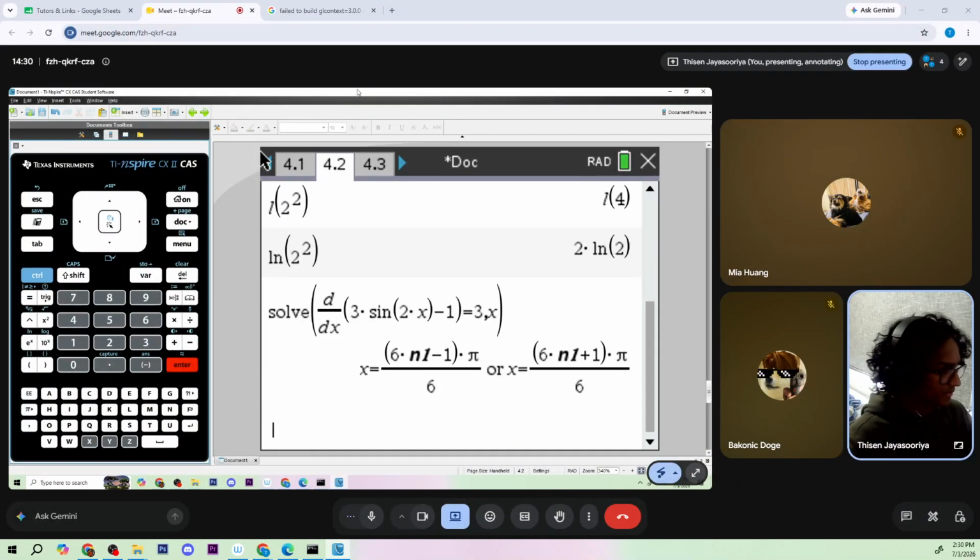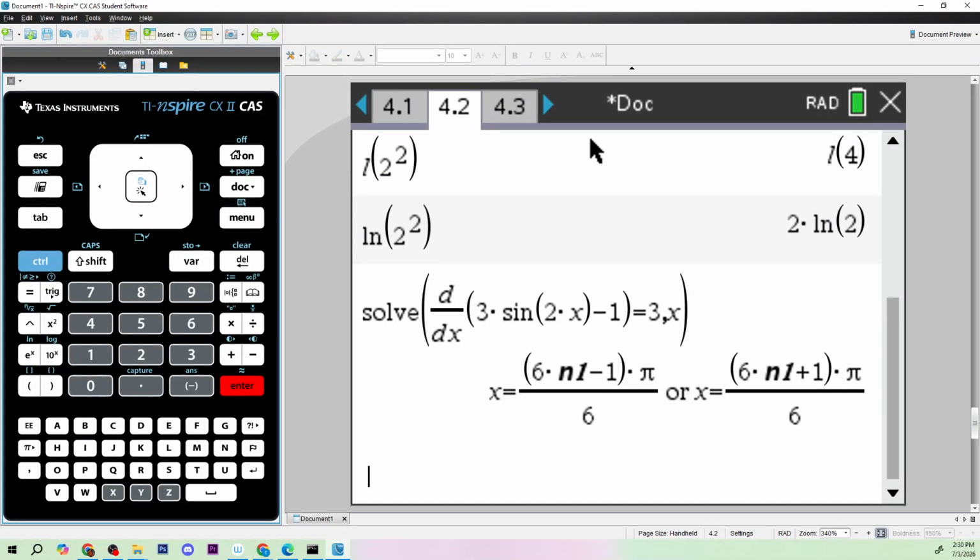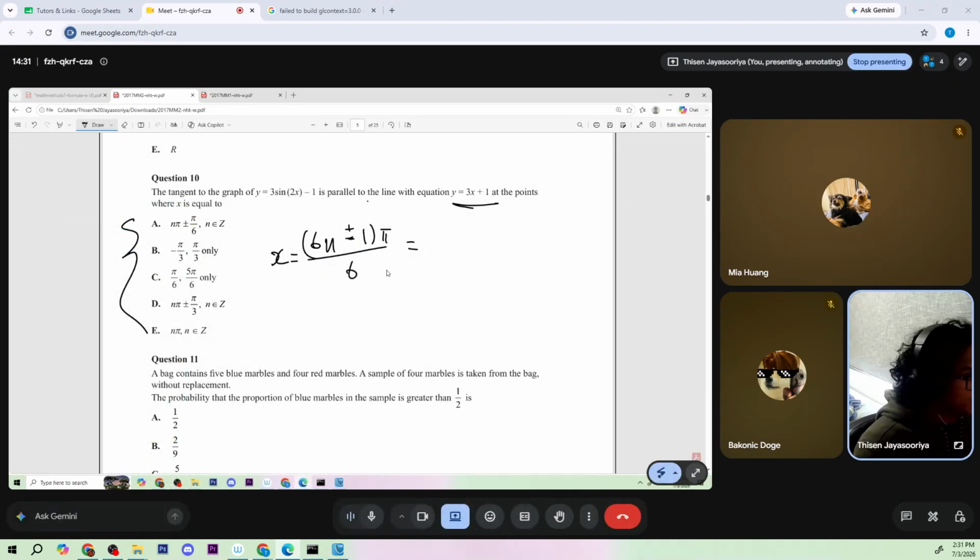So here it becomes this. If we look at our answer options, x equals plus or minus pi over 6, which if we rewrite this out becomes n pi plus or minus pi over 6, which is just answer option A here.